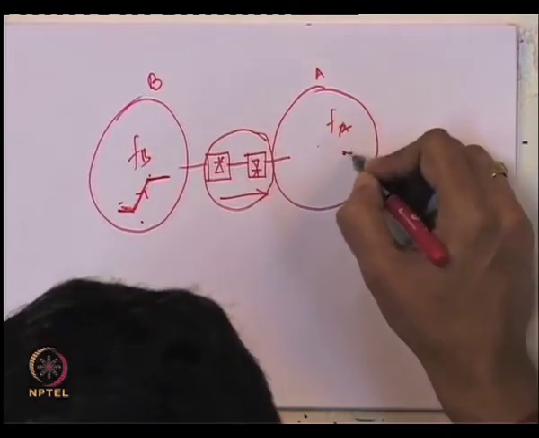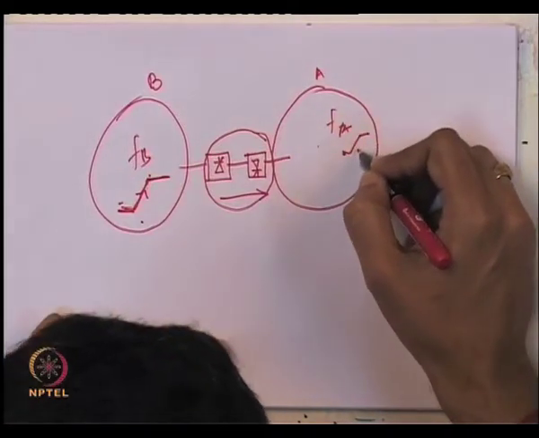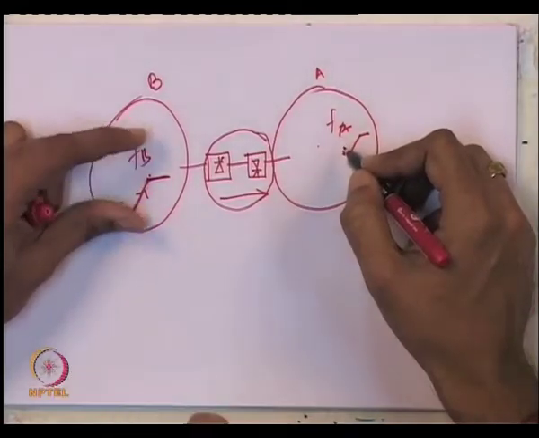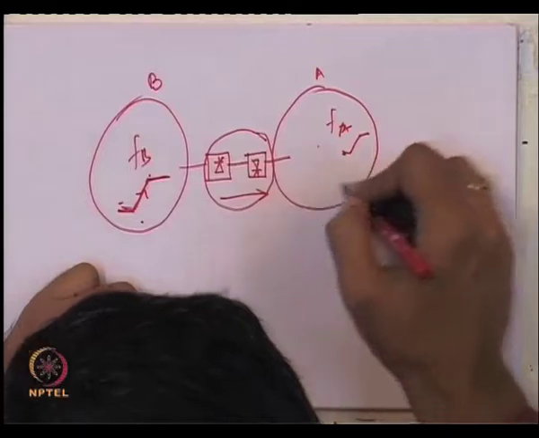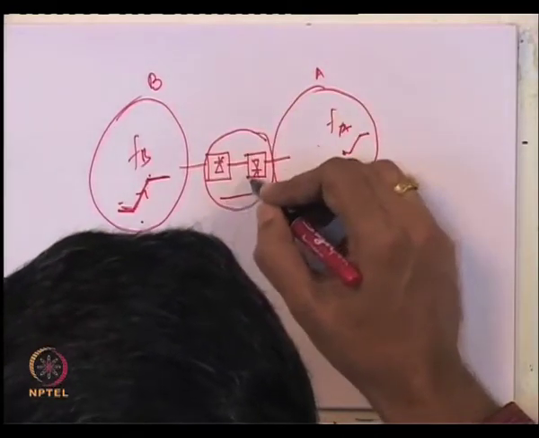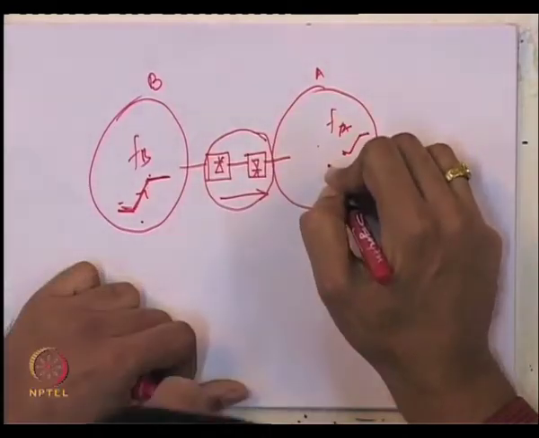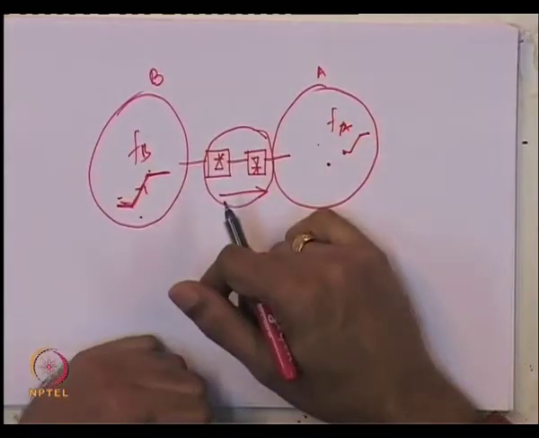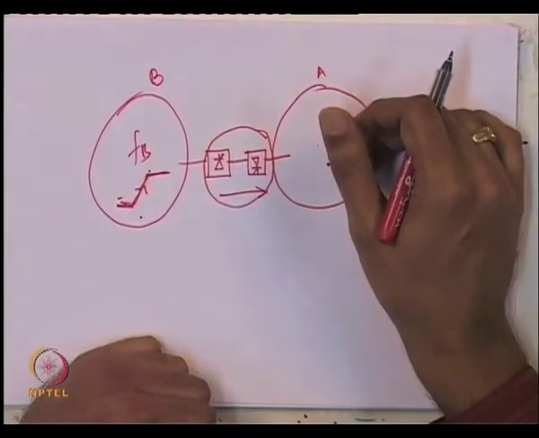But the frequency here will rise because of that. Rather than have a very large rise in one system, you can use this HVDC link to ramp the power and push it here, and distribute this frequency change. This kind of scheme can also be developed.